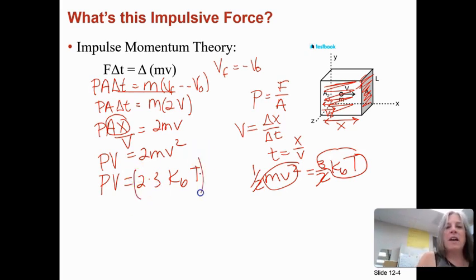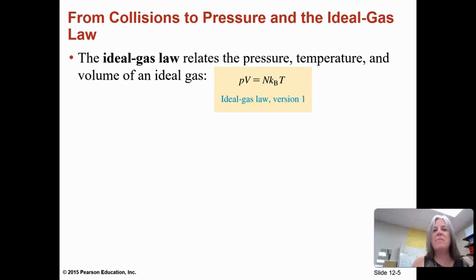But then I got to multiply by all of the molecules that I have, and I come up with the ideal gas law. The ideal gas law relates all these thermodynamic quantities of a gas together. P times V is equal to N, being the number of molecules, times Boltzmann's constant times temperature, again, in Kelvin.